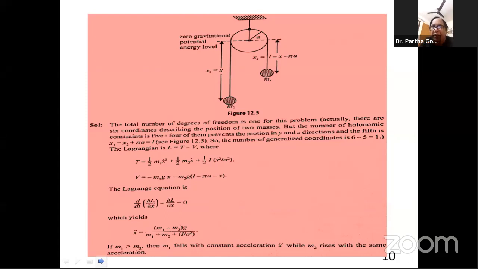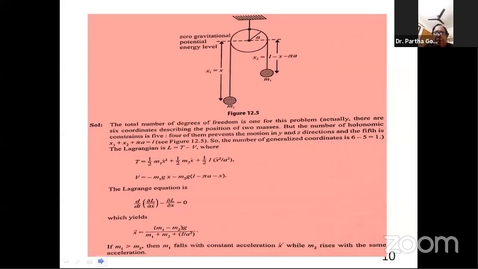To apply the Lagrangian approach, I need to get the kinetic energy and potential energy. So I have assumed the masses M1, M2 are at distances from the horizontal line passing through the center of the pulley.